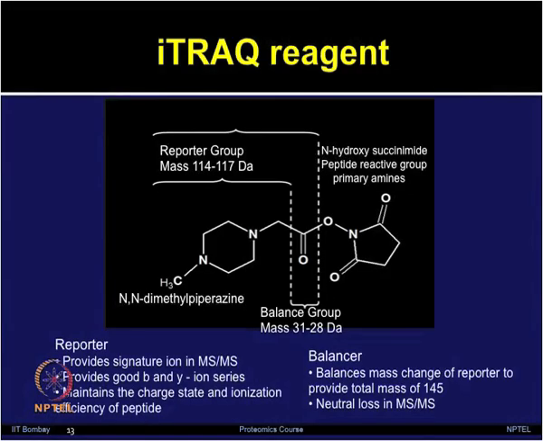The reporter group provides signature ions in MS-MS mode. It provides good B and Y ion series, and it maintains the charge state and ionization efficiency of peptides. Whereas the balancer group balances the mass change of the reporter to provide a total mass of 145, neutral loss in MS-MS mode.